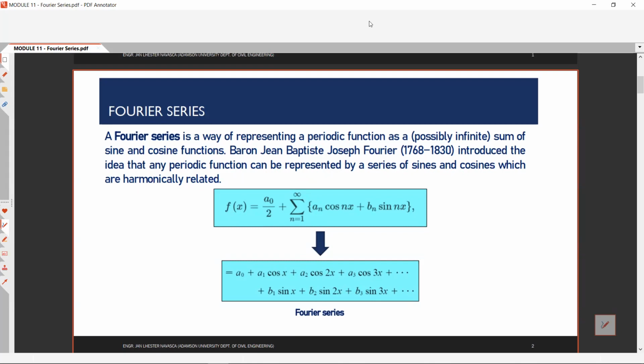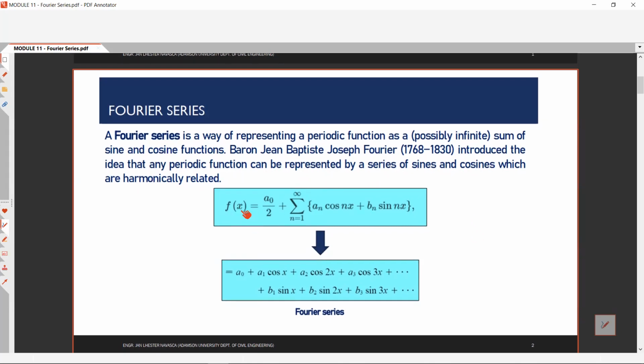The Fourier series is given by f of x equals a sub 0 over 2 plus the summation of a sub n cosine of nx plus b sub n sine of nx, from n equals 1 to infinity.